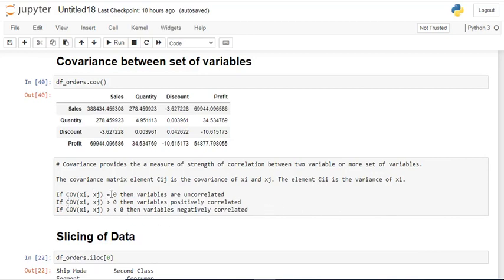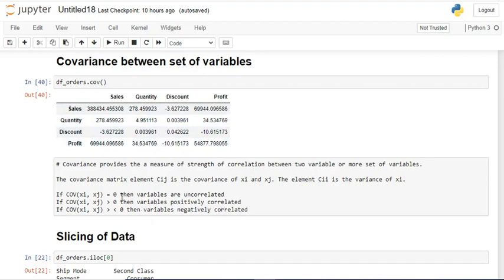If the covariance between two variables is 0, then the variables are uncorrelated. If it is greater than 0, the variables are positively correlated. If less than 0, we can say the variables are negatively correlated. Again, there is a negative correlation between discount and profit.